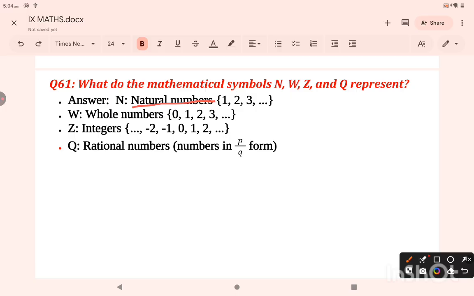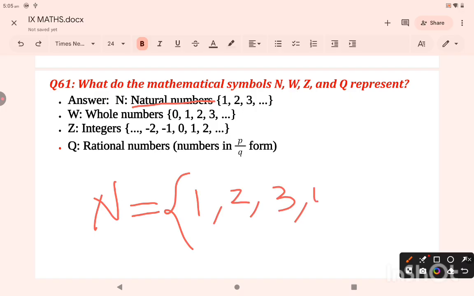They are denoted by capital N. Natural numbers start from 1. So 1, 2, 3, 4 and so on. This is natural numbers. Now second one, whole numbers. All the natural numbers included with 0 are called whole numbers.